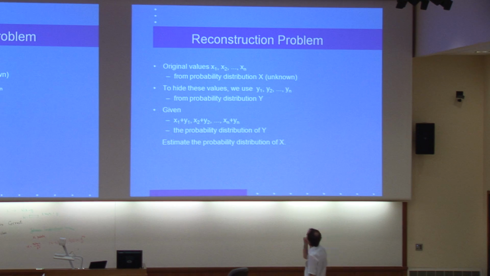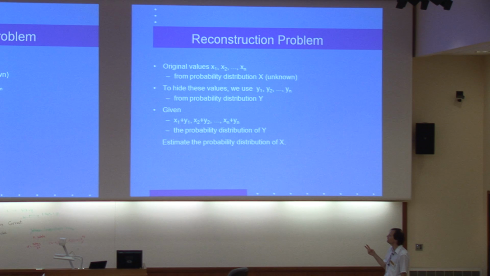So how is this done? What we really have here is x sub i, the value, plus y sub i, which is the noise. We know the distribution that y sub i comes from, and what we're trying to learn is the distribution that x sub i comes from.